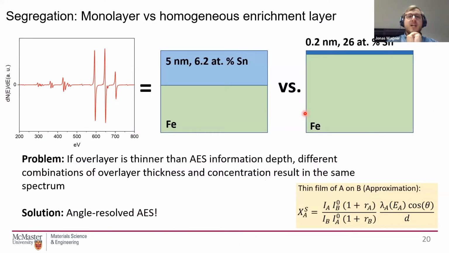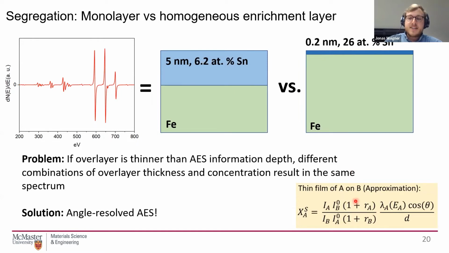But SESSA can also help us with a different challenge we encounter when analyzing thin films. The problem is, once the thickness of the overlayer is thinner than the information depth of our signal, there are different things to take into account. For example, we have the shielding of the matrix signal by the overlayer, but also the backscattering characteristics are now more heavily influenced by the matrix versus the overlayer.